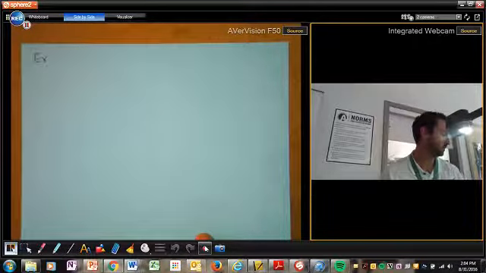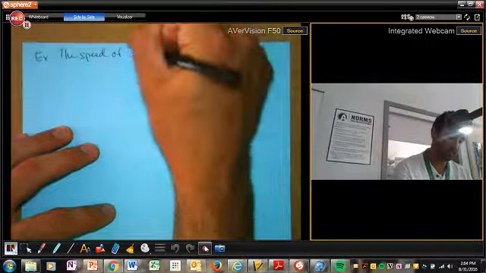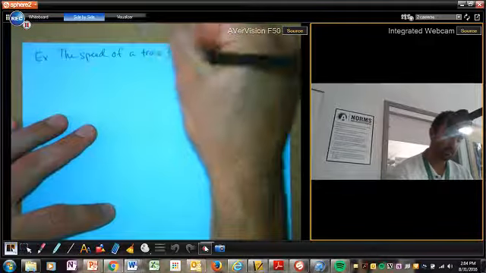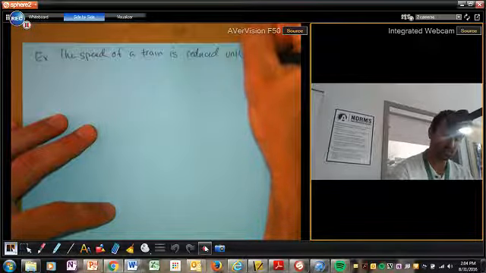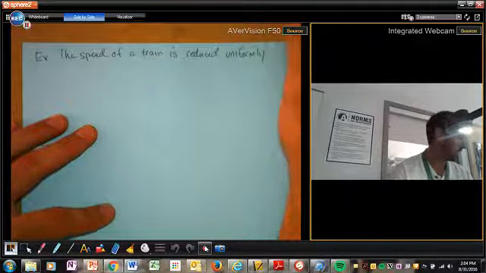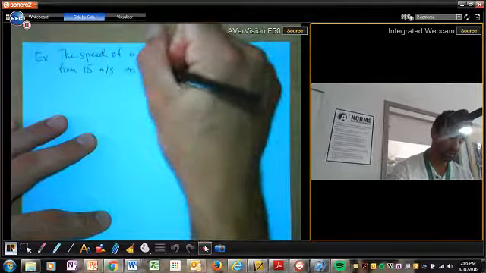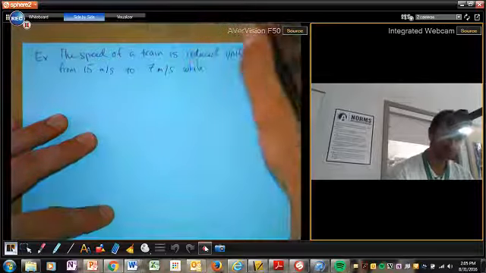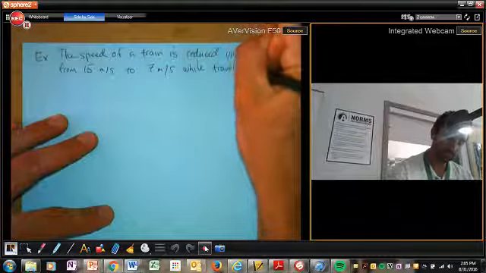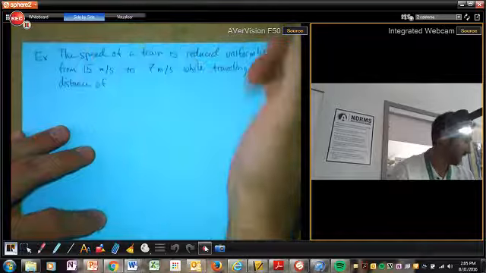The speed of a train is reduced uniformly, which means consistently, from 15 meters per second to 7 meters per second while traveling a distance of 90 meters.